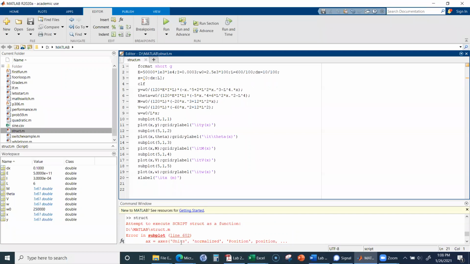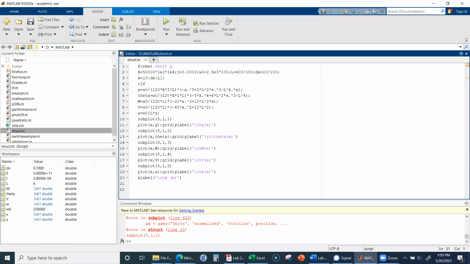It says there is an attempt to execute the script struct as function, struct.m, error in subplot line 602, subplot, so line 602, and it is axis units normalized position, error in struct line 10, so subplot 511. Maybe there is some error over here.